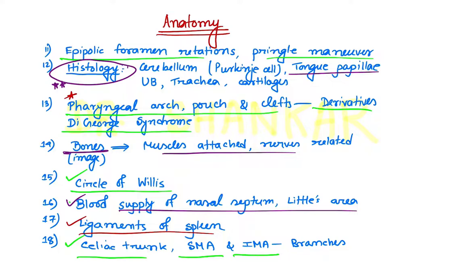Their identification in CT angiography and MR angiography. Recently one trend is there, they can give CT angio or MR angio, and you have to identify these arterial branches. So you should know the celiac artery, superior and inferior mesenteric artery branches very well.